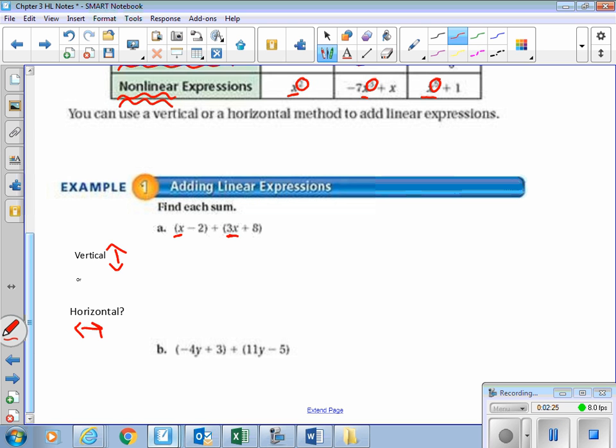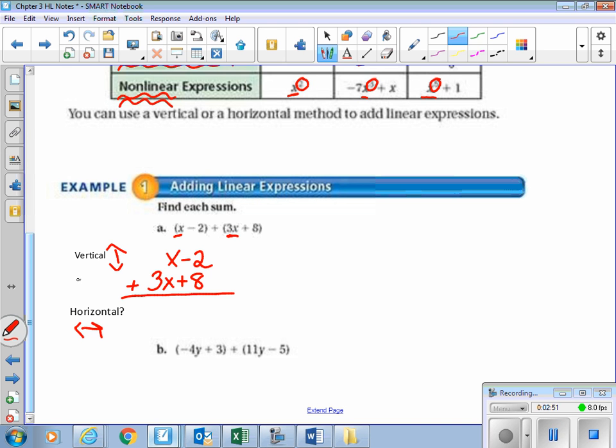If you want to do it vertically, you're going to line them up. x minus 2, and then 3x plus 8 below it. We are adding them. I have my addition sign out there. And notice that my like terms are vertical to each other. I've got my x on top of my 3x and my negative 2 on top of my positive 8.